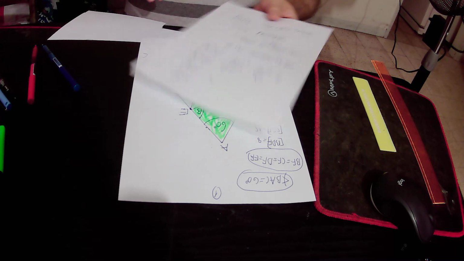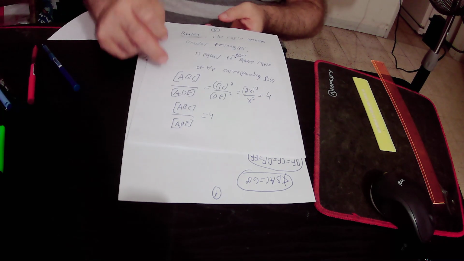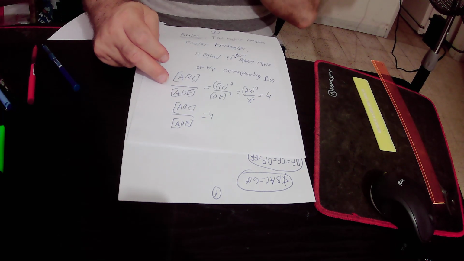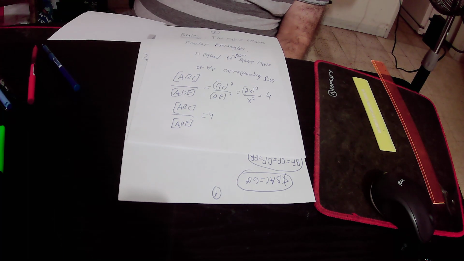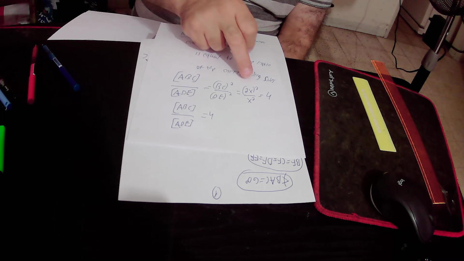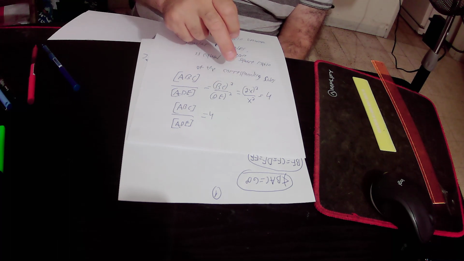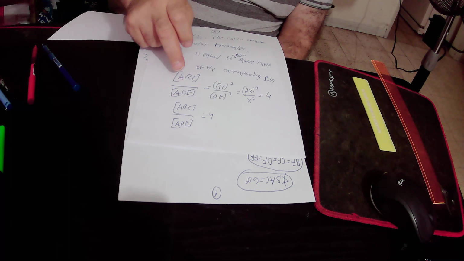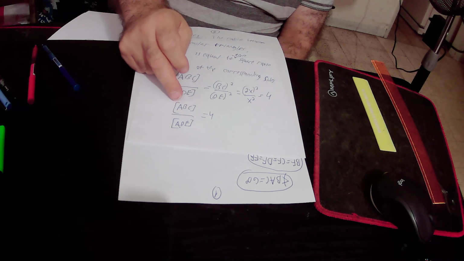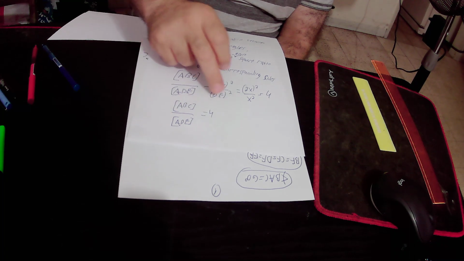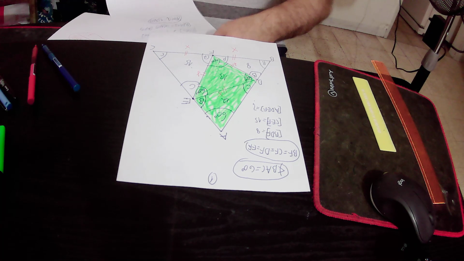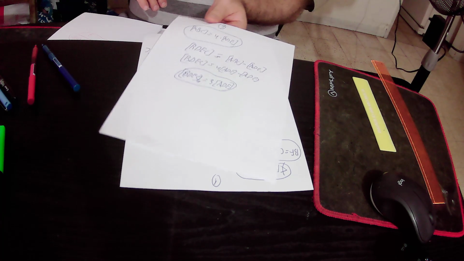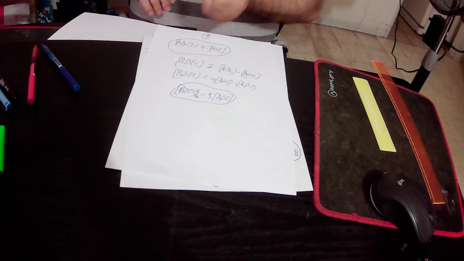is equal to the square ratio of the corresponding sides. That is to say, the area of triangle ABC over the area of triangle ADE equals BC squared over DE squared. And BC equals 2x, DE equals x, so we found out that the area of triangle ABC over the area of triangle ADE equals 4, or the area of triangle ABC equals 4 times the area of triangle ADE.